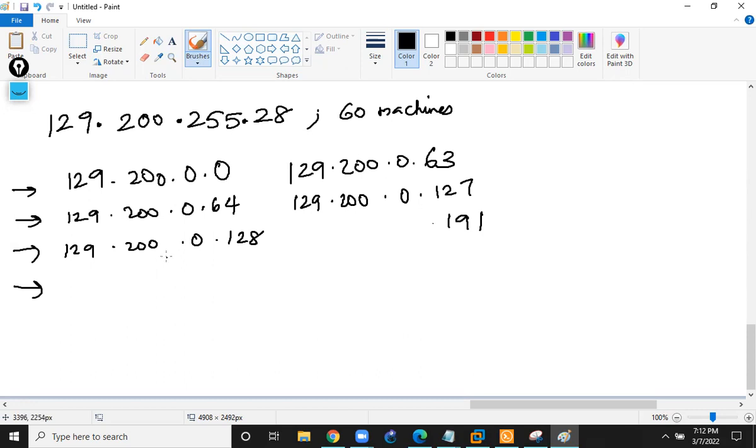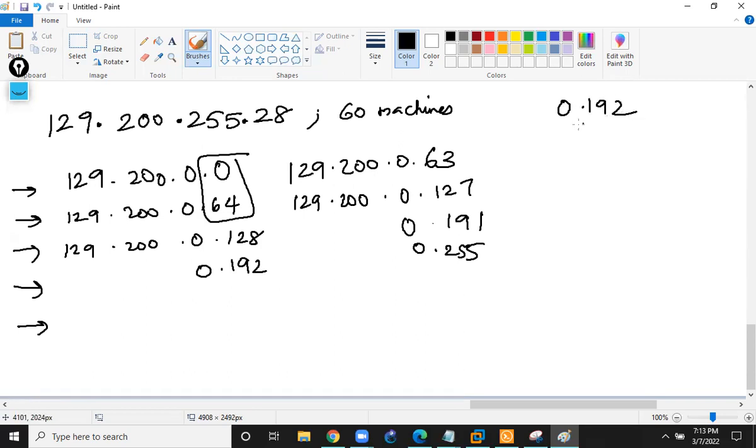And the fourth one, have you calculated the fourth one? Yes or no? If no, no worries. You are going to just add this value 64. So next, you calculate 0.192. Then you will get 0.255 as a broadcast. Now again, the next one. It is not mandatory that you need to calculate it, but still, let me tell you, you keep on adding 64 every time, right? Here, the last address is 0.192, that's the fourth one.